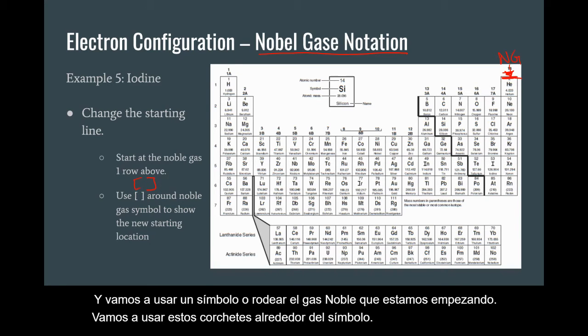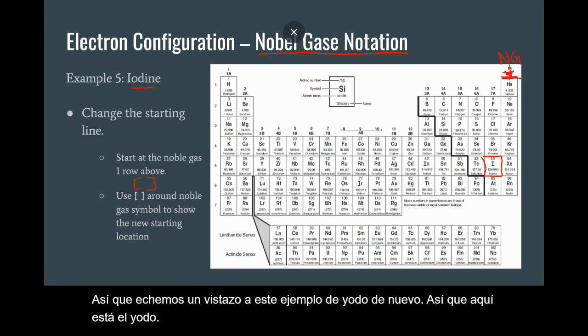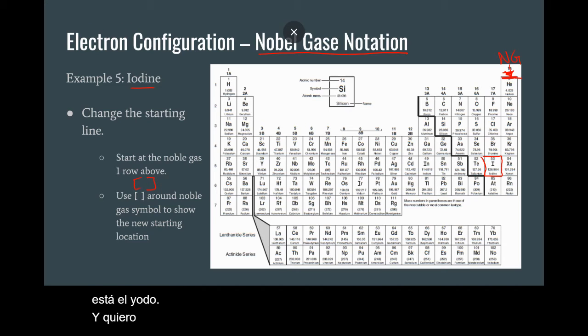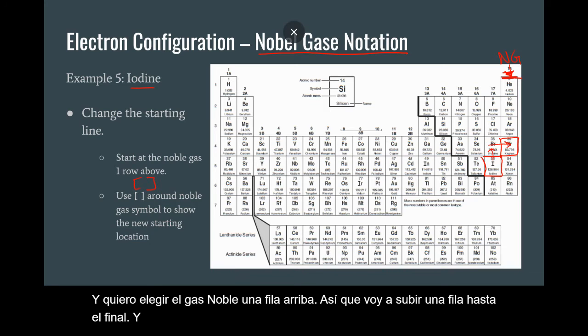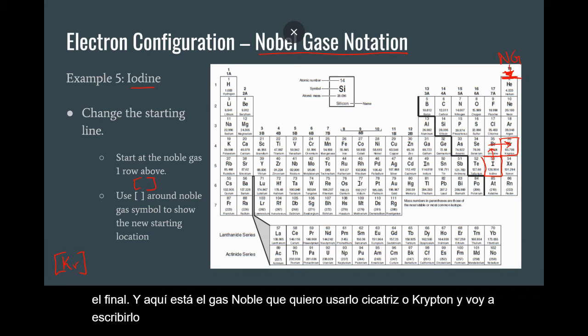So let's take a look at this iodine example again. So here's iodine. And I want to pick the noble gas one row above. So I'm going to go up one row, all the way over, and here's the noble gas I want to use. It's Kr, or krypton, and I'm going to write it in brackets, [Kr]. And then I draw my lines after Kr.